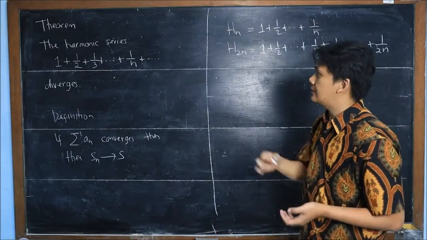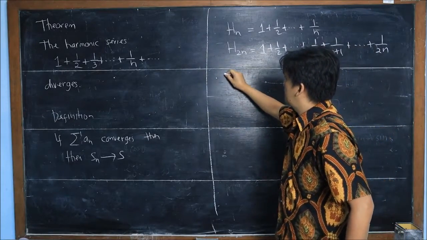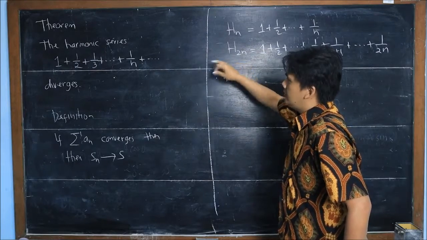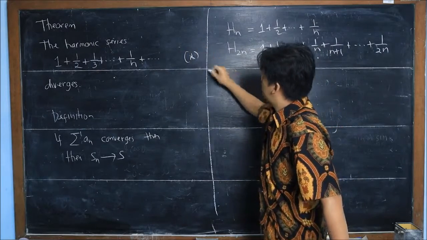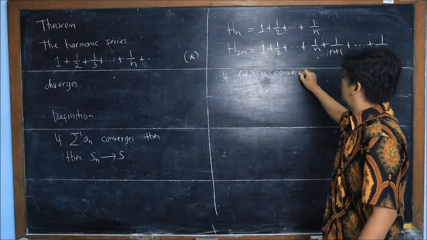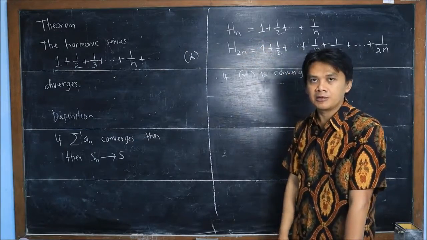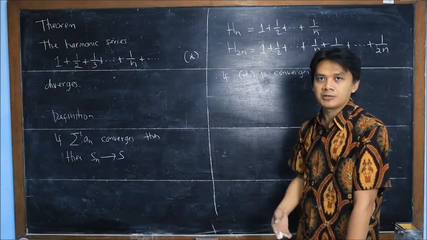Suppose on the contrary that this series is convergent. So if the star series is convergent, then these two sequences have limits, and their limits must be the same.